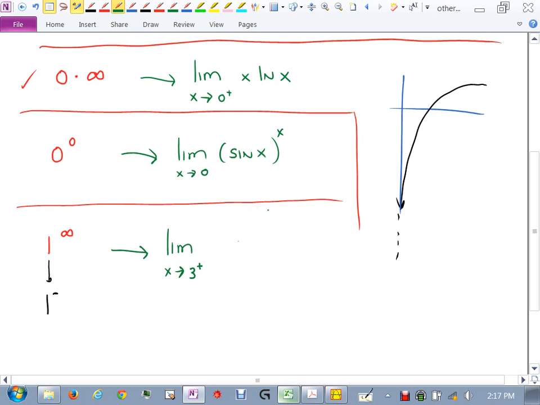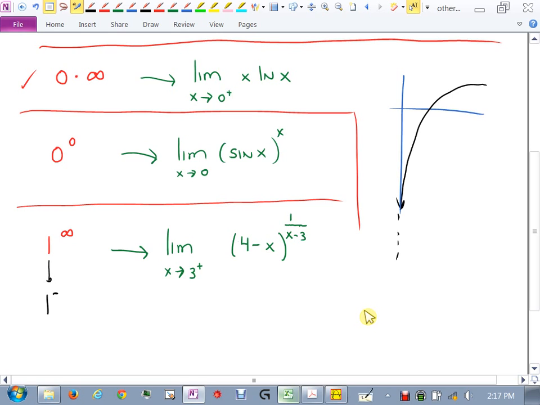So I'm bigger than 3. Boy, this became a little more complicated than I wanted it to be, but yeah, that's a lot more complicated than I wanted it to be.